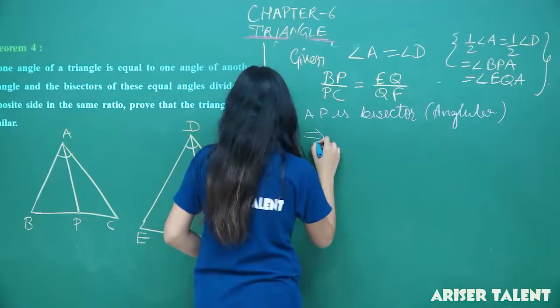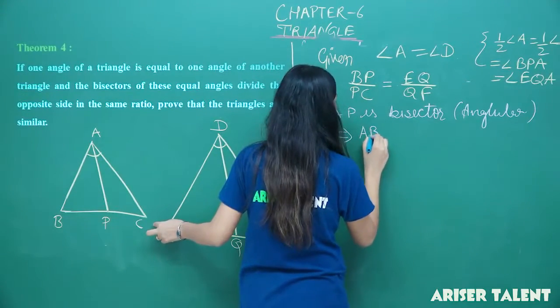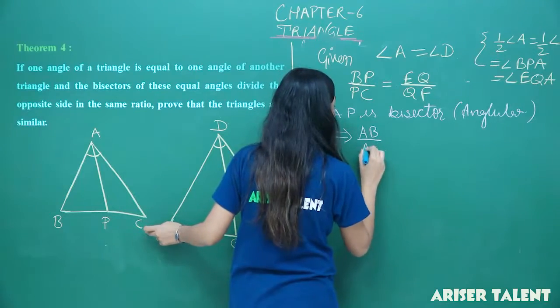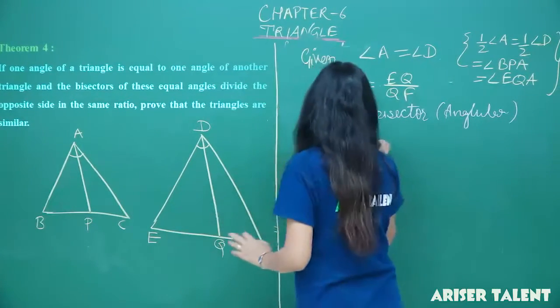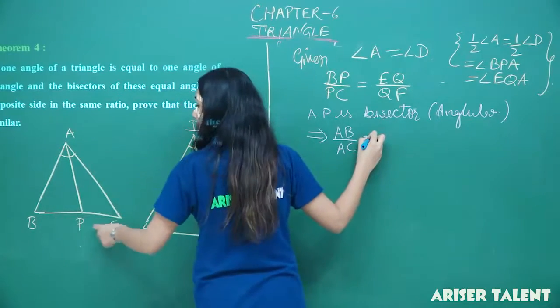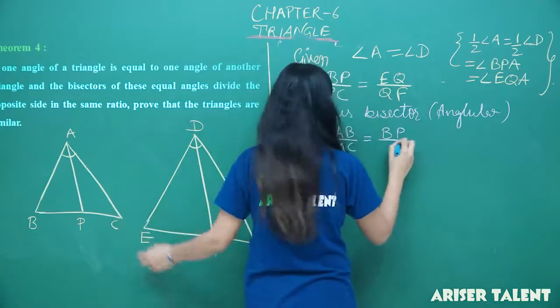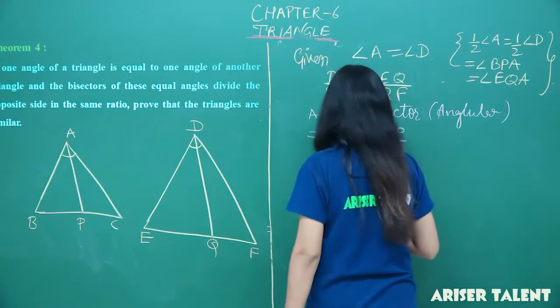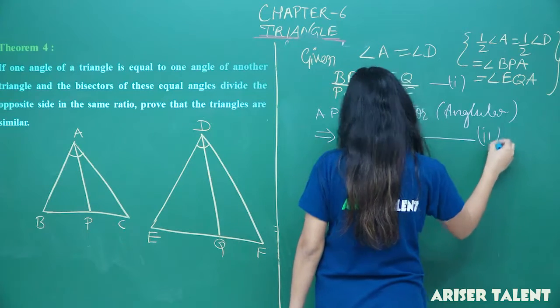This will imply AB by AC, the sides which are making that angle, will be equal to the ratio of the sides BP by PC. Now this is your second equation.